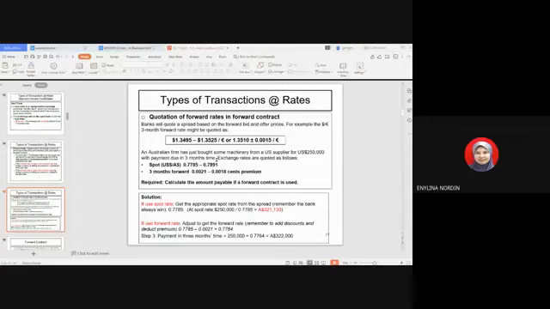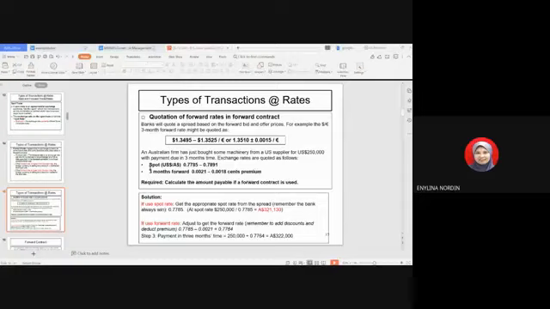The exchange rates are quoted as follows. The current exchange rate for US dollar against Aussie dollar is 0.7785 to 0.7891. This is the spot rate, maknanya today's rate. Let's say it is a 2 days rate.